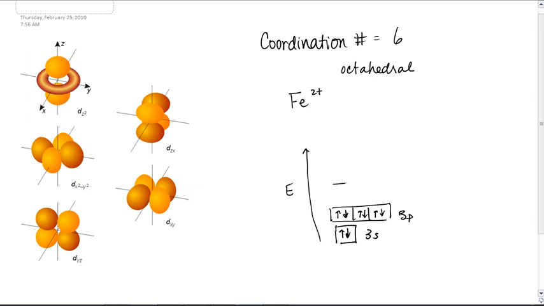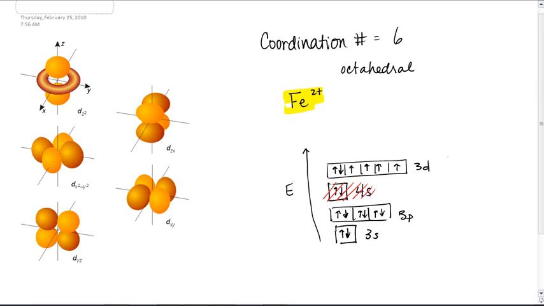And then our 4s electrons. And then our 3d electrons, because it's 3d6. Now, if we're talking about iron 2+, and we are, which electrons does it lose? The 4s. So these are gone, right?